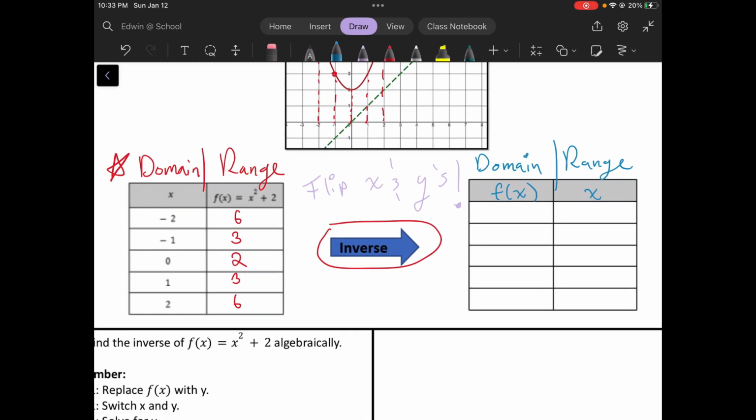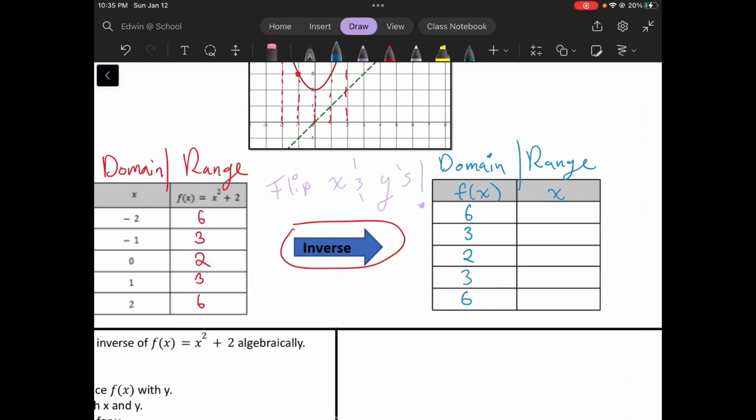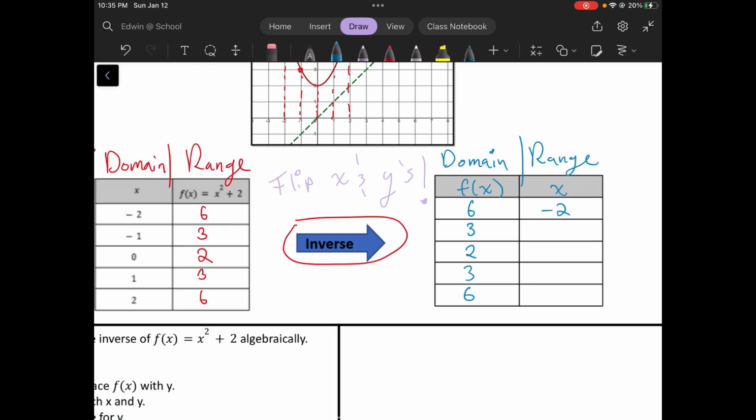So now that we have this, we just have to look at the table that we made before and put in all the values that we did before. So before we had 6, 3, 2, 3, 6. That means we have that for our x values now, for the inverse. And similarly, we have values x is equal to negative 2, negative 1, 0, 1, 2 for our range.